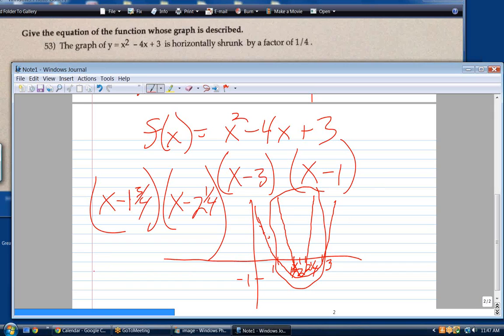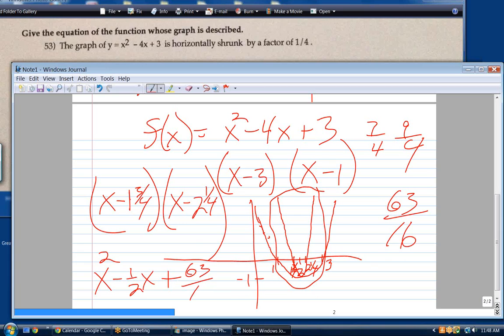And when I multiply that together, I get x squared minus 1/2 x plus, what is 7/4 by 9/4, 63/16. Is that the equation?